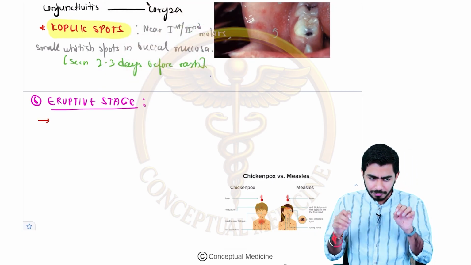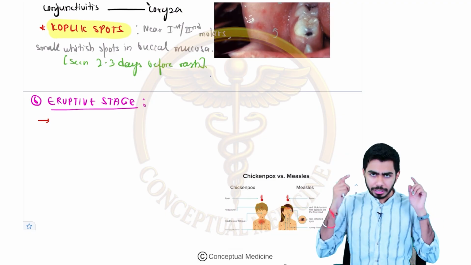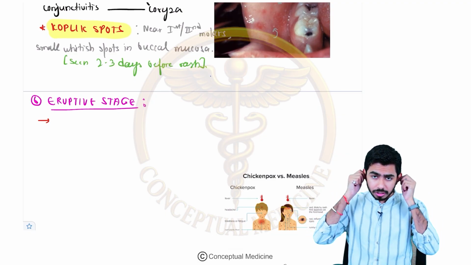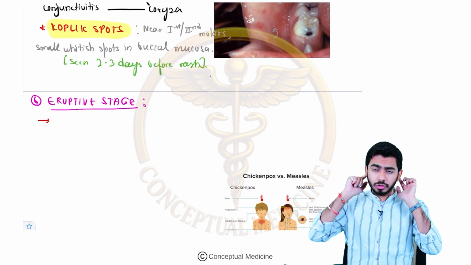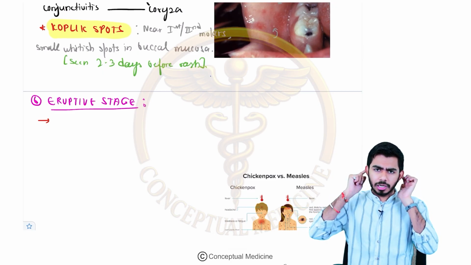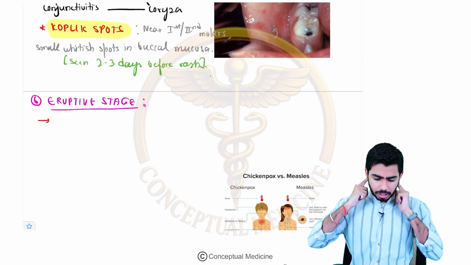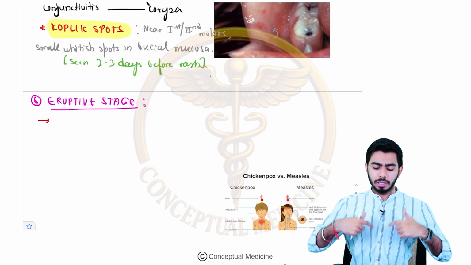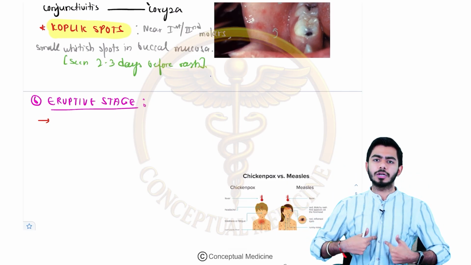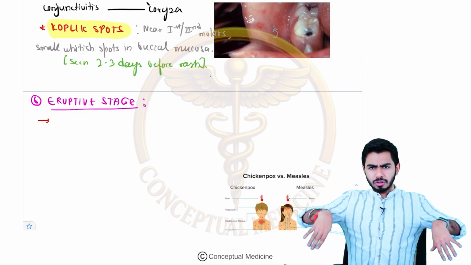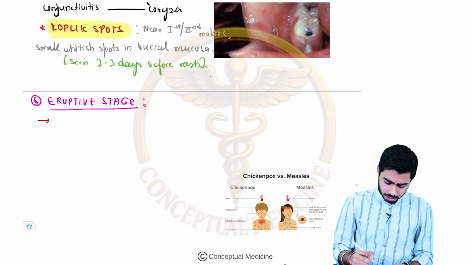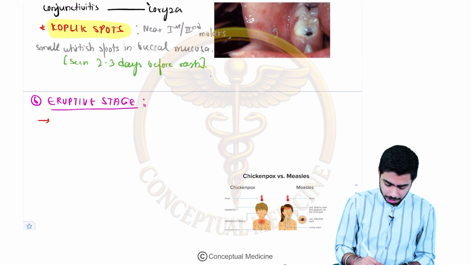Basically it will be extending from which region? It will be extending from the region behind the ears. So post auricular, these are the auricles over here. Behind the auricles, the rash will be starting from here, and then it will be extending downwards towards the trunk, and then it will be going towards the whole body. So guys, what is the pattern of the maculopapular rash?